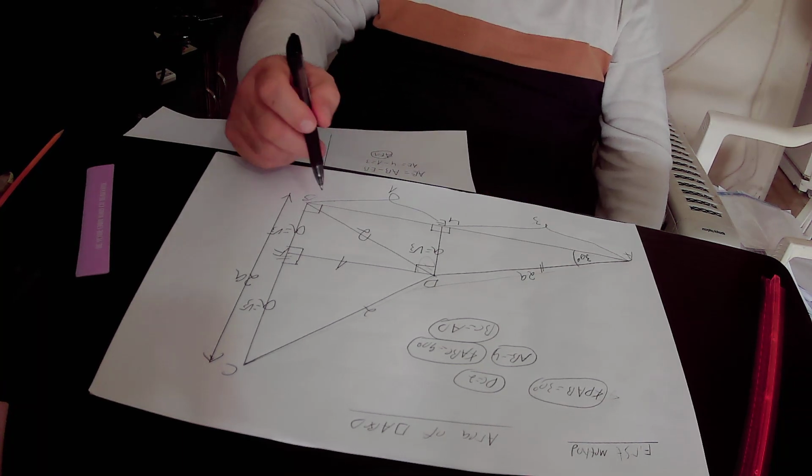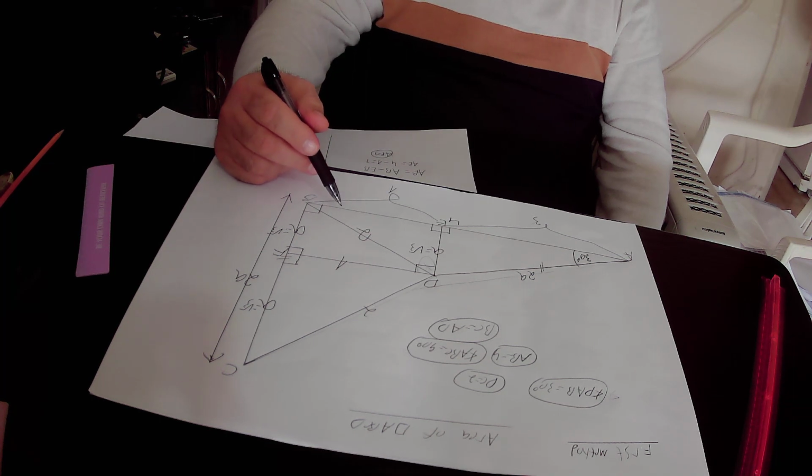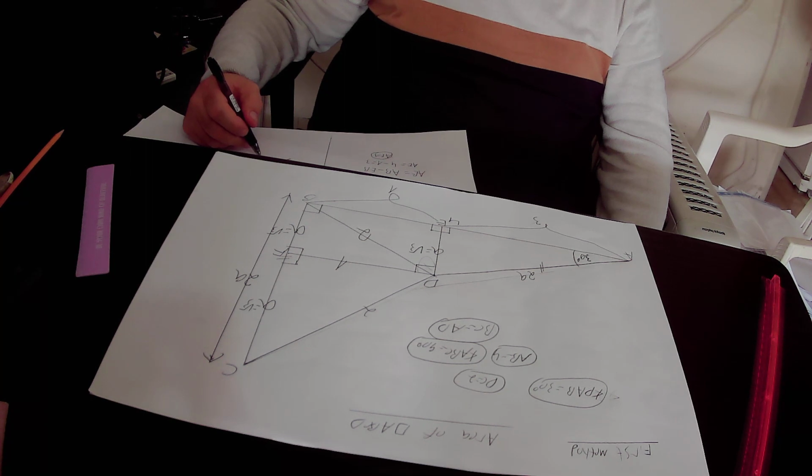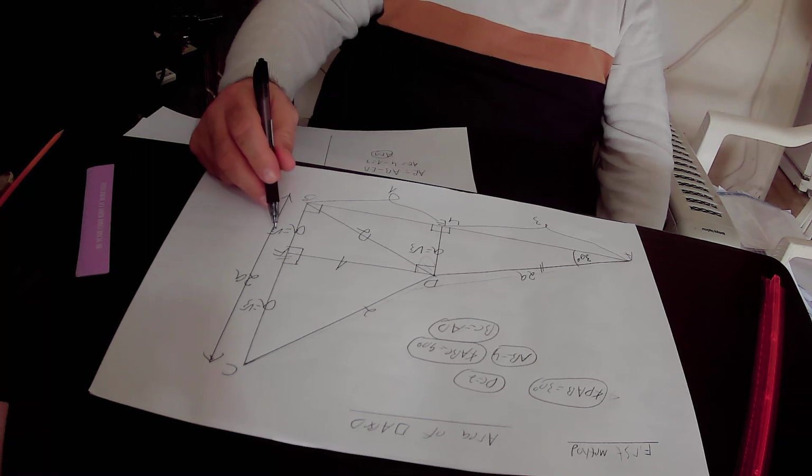of rectangle DFBE, that is actually EB, that is 1, times BF, that is square root of 3.